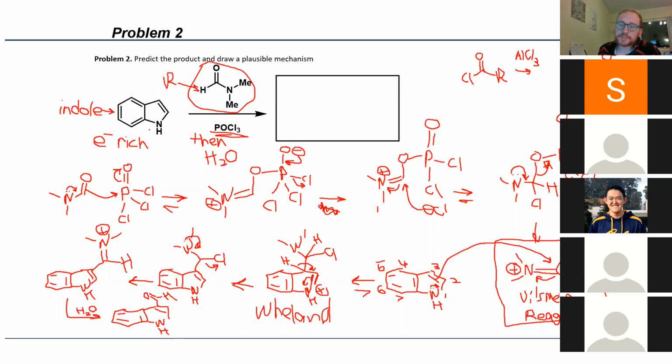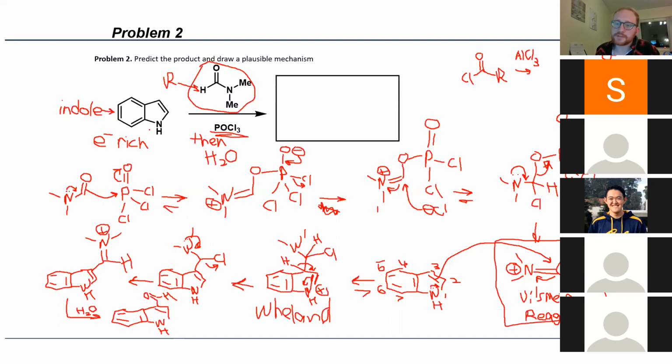Another question is, what's the difference between the Bischler-Napieralski reaction and the Vilsmeier-Haack? Mechanistically, they're quite similar, but they aren't quite the same.